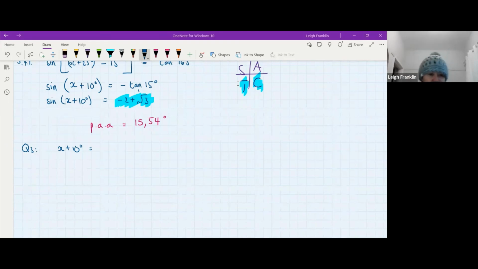So now, third quadrant. X plus 10 is our angle. In the third quadrant, we have to use 180 plus 15,54 plus multiples of 360. So now we've got to add 15 to 180 and then subtract 10.